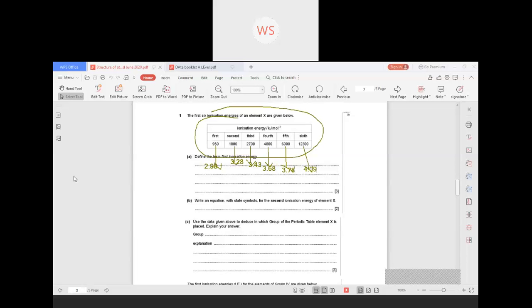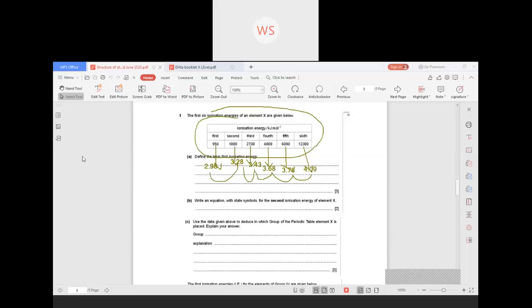From 2.98 become 3.28, what is the difference? 3.28 minus 2.98, 0.3, right? We have to keep on doing the difference.